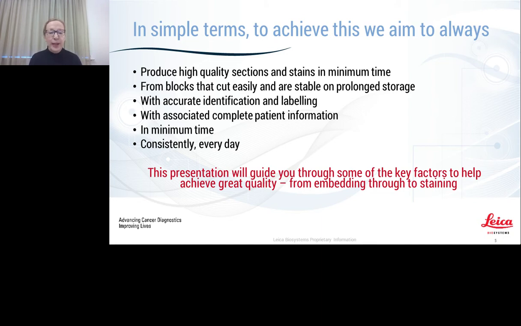So the absolute aim is to produce high quality sections and stains in a minimum time from blocks that cut easily, in a stable and prolonged storage, with accurate identification and labelling, with associated complete patient information in minimum time and consistently every single day. So this presentation is going to guide you through some of the key factors to achieve great quality, from embedding through to staining.